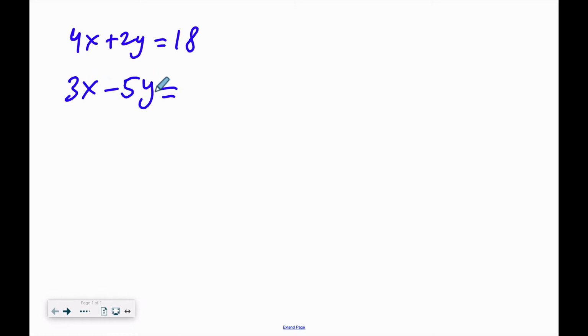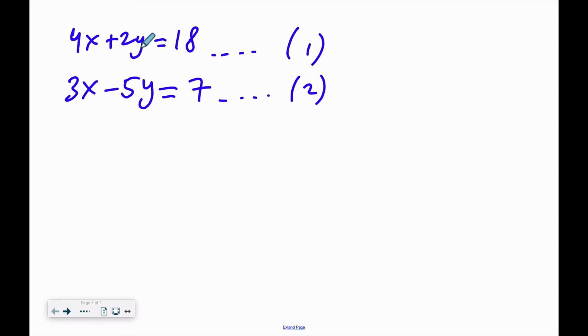4x plus 2y, let me write it here, 4x plus 2y is equal to 18, and then 3x minus 5y is equal to 7. So you might see that there is 2y, negative 5y, 3x and 4x. None of them are the same, so we will have to make them the same. How? Let's see how. As usual, let's call this equation 1, and this equation 2.